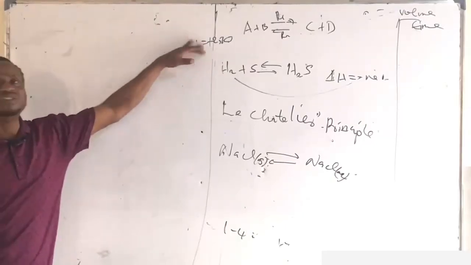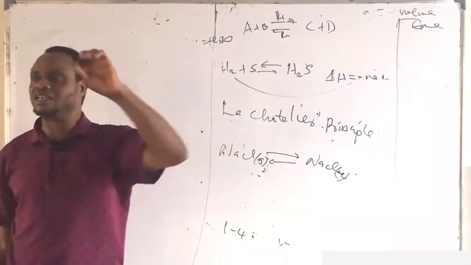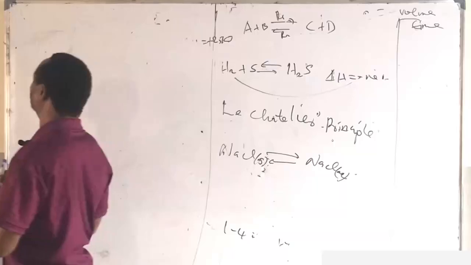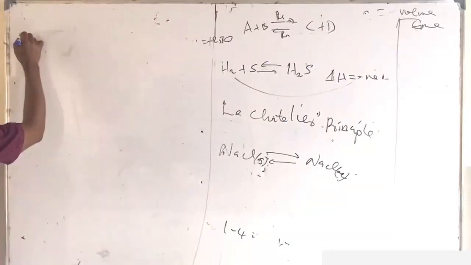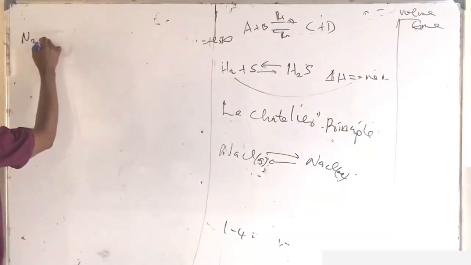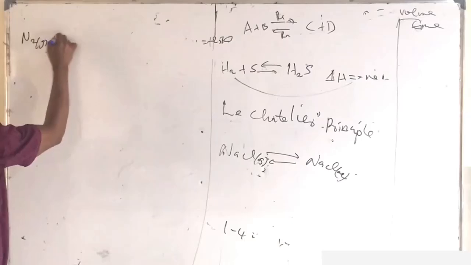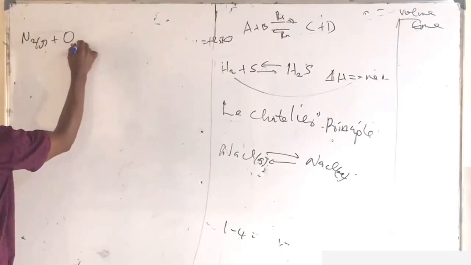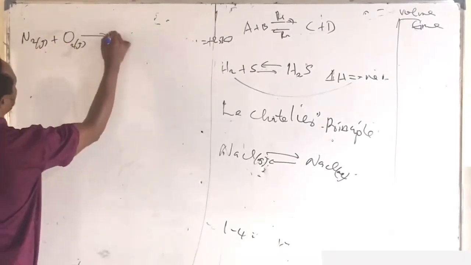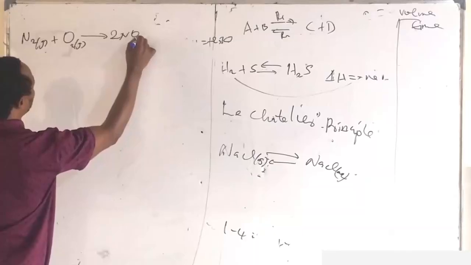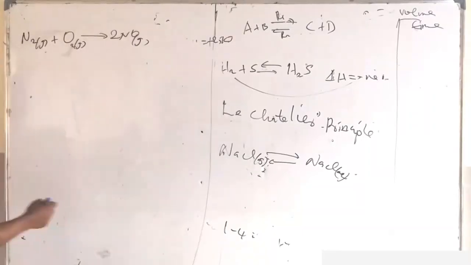So they will give you the equation and you are to identify the constant. For example, I have N2 gas plus O2 gas gives us 2NO gas, and we'll be asked to write the equilibrium constant of this reaction.